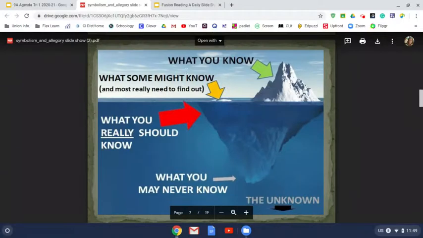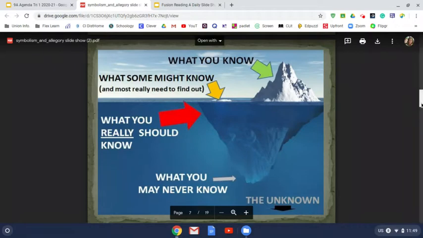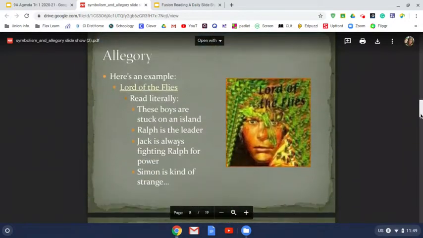What some might know, you can read and find out. What you know and what you really should know is a deeper meaning, and what you may never know, the unknown, is deeper meaning. So we look for meaning in symbolism and in allegory.